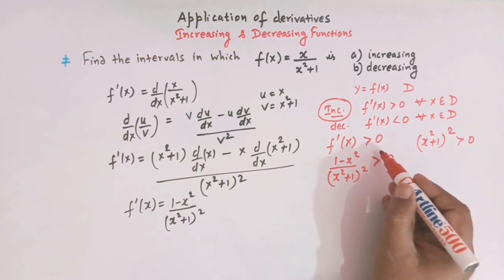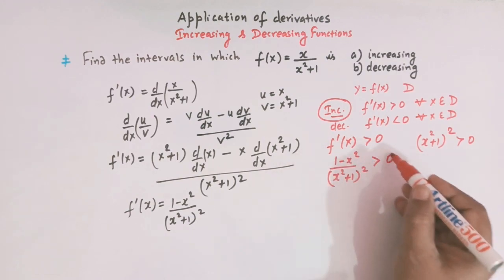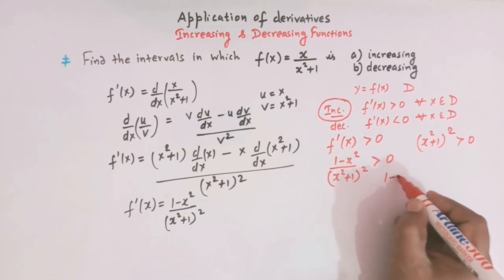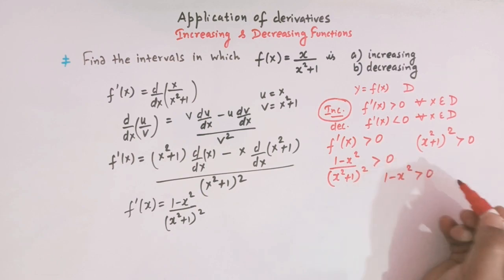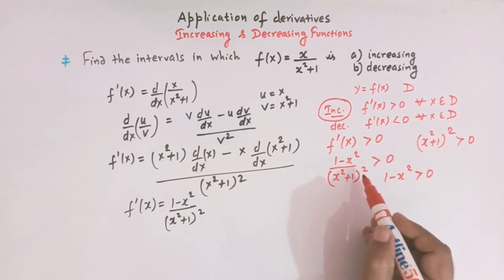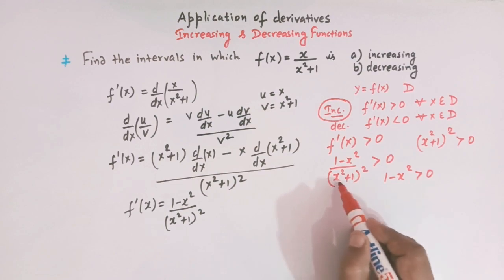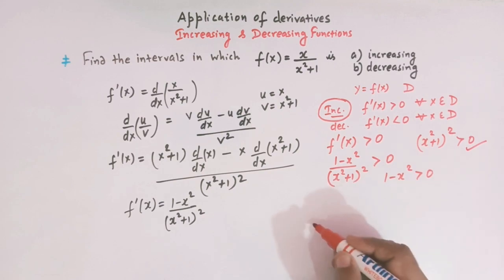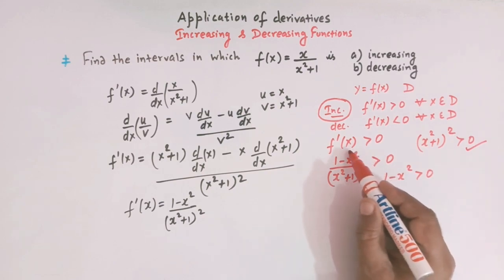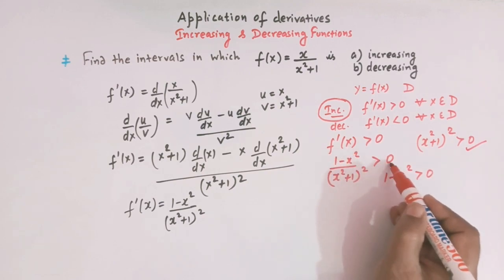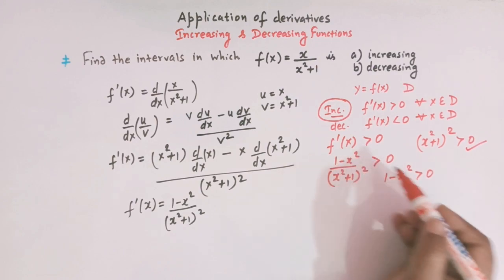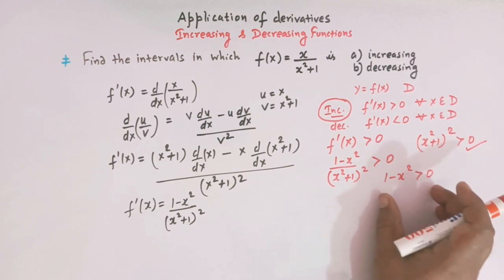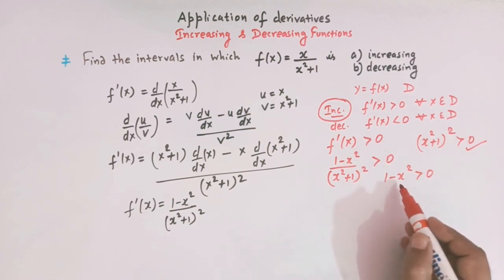So for this inequality to be true, the numerator, that is 1 minus x square, must be greater than 0, right? Because we have already seen that x square plus 1 whole square is always greater than 0. So in order for this side to be greater than 0, the numerator has to be greater than 0. Now we have to solve this inequality for x.